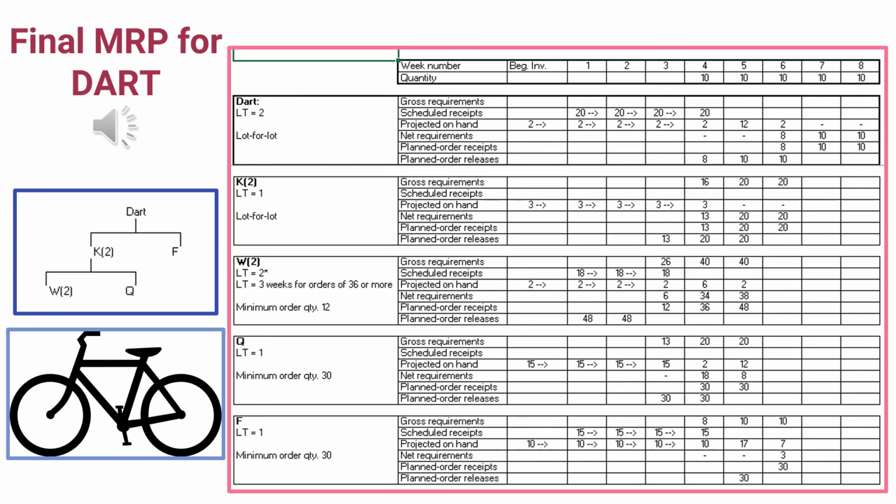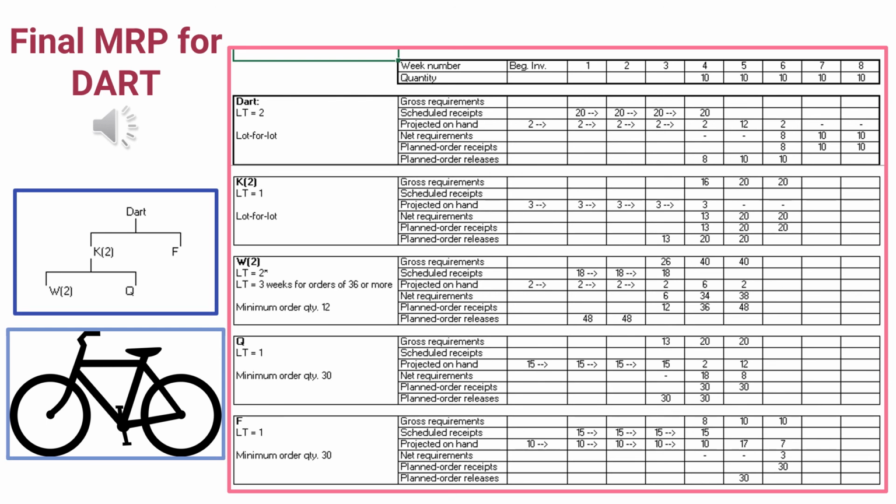For example, for Dart, the scheduled receipts are 20 and they start from week 4 because the beginning inventory is from week 4. And once all the calculation is done, since Dart moves to K2, all the planned order releases move to K2, and whatever the number of planned order releases, in this case it's 8, 10 and 10 from week 4, 5 and 6.